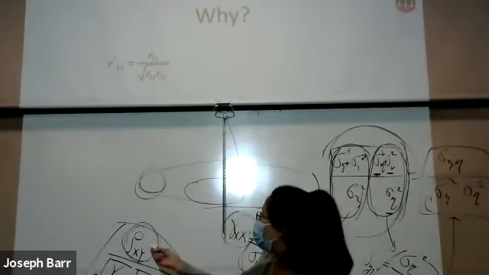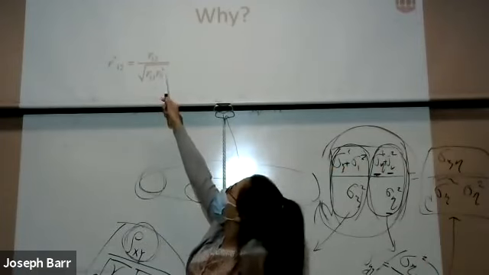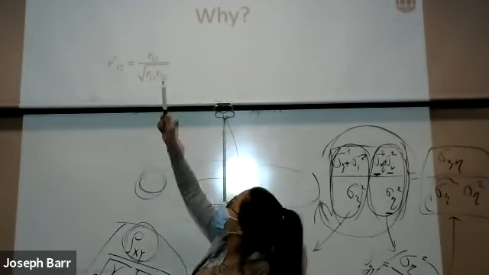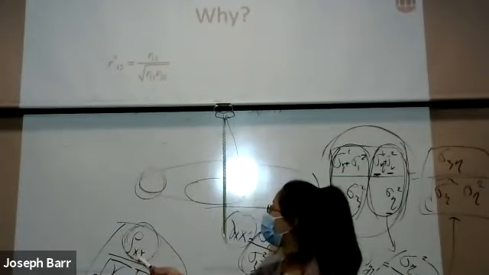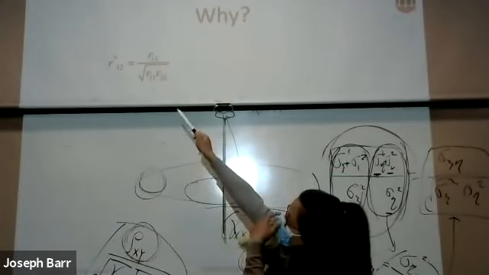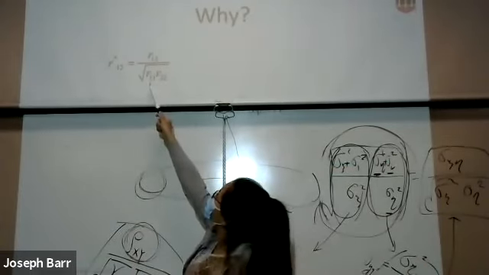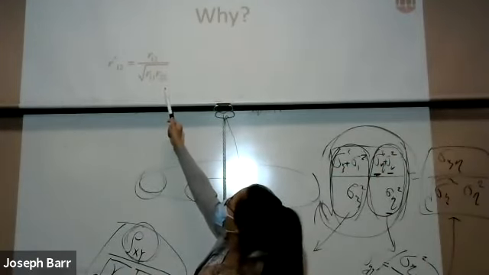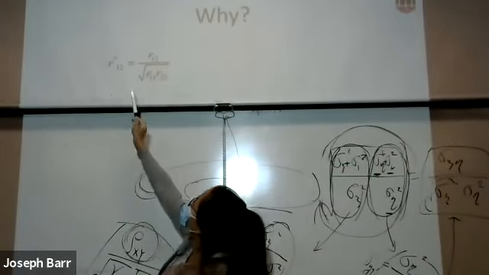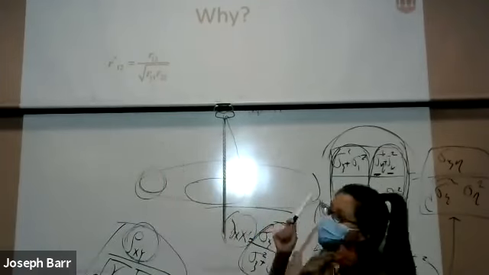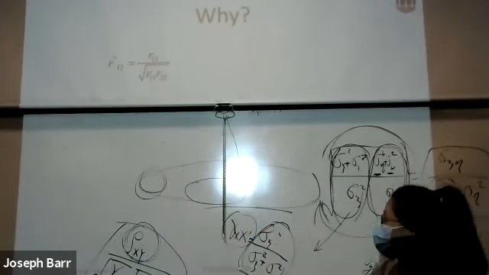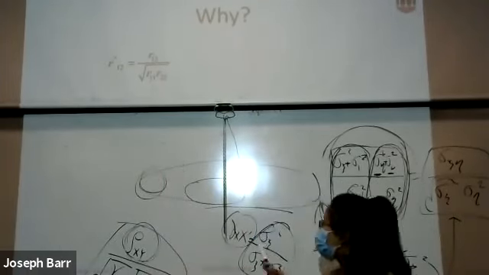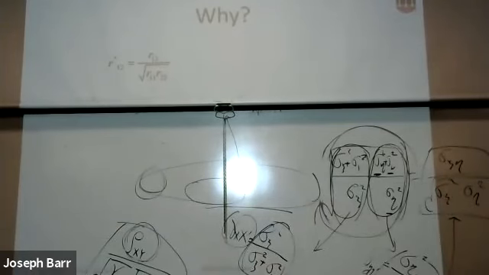R12 is just the correlation between the observed X1, X2. Here we use X, Y, the same thing. Here, X1 and X2. This is the reliability of the first variable. This is the reliability of the second variable. By using this formula, we have the correct correlation. Observed correlation, true correlation.